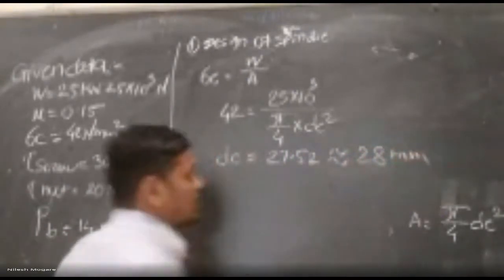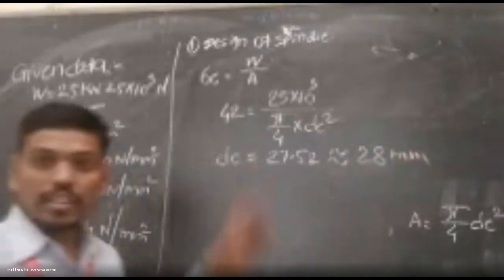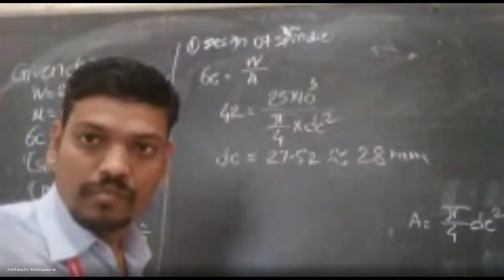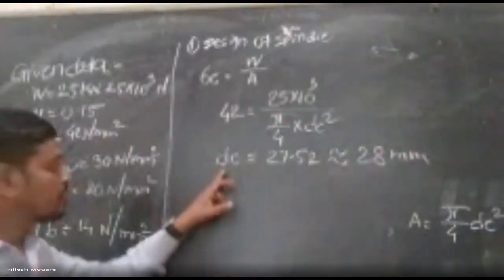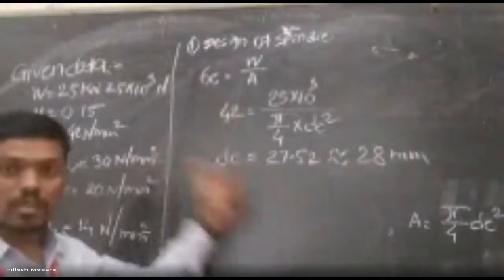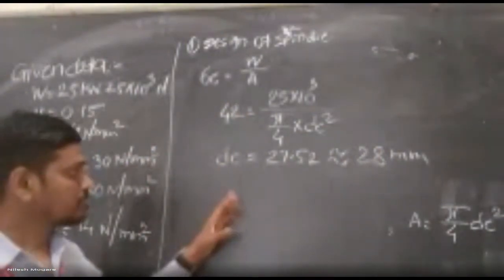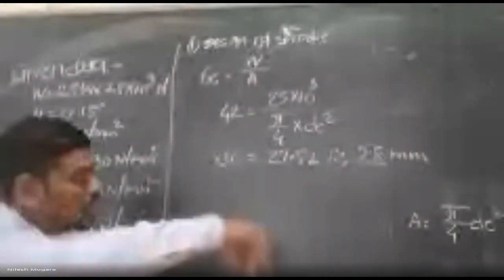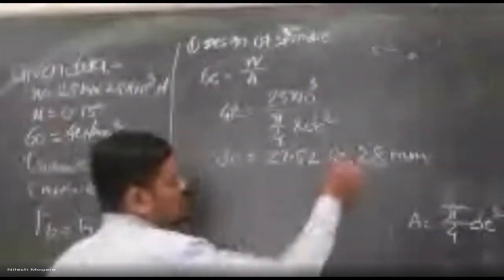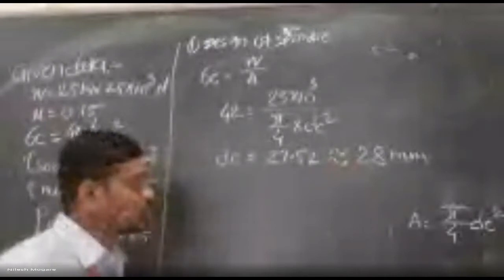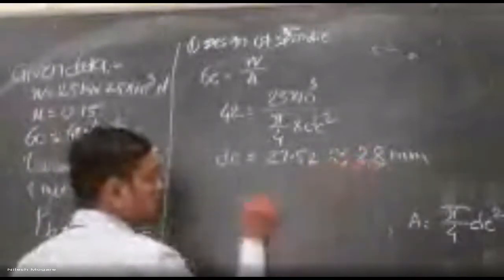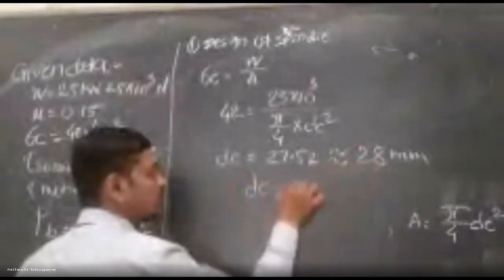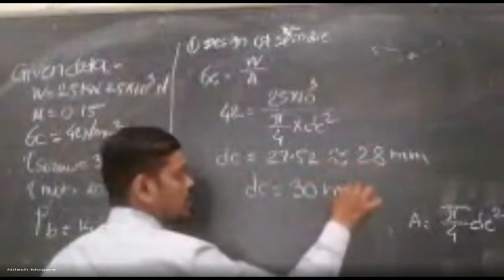Now in screw jack, there is tensile load also. That means when the load is applied on that screw jack, we rotate the Tommy bar or spindle also. That's why we have to consider a maximum diameter. So next we can consider 30 mm.